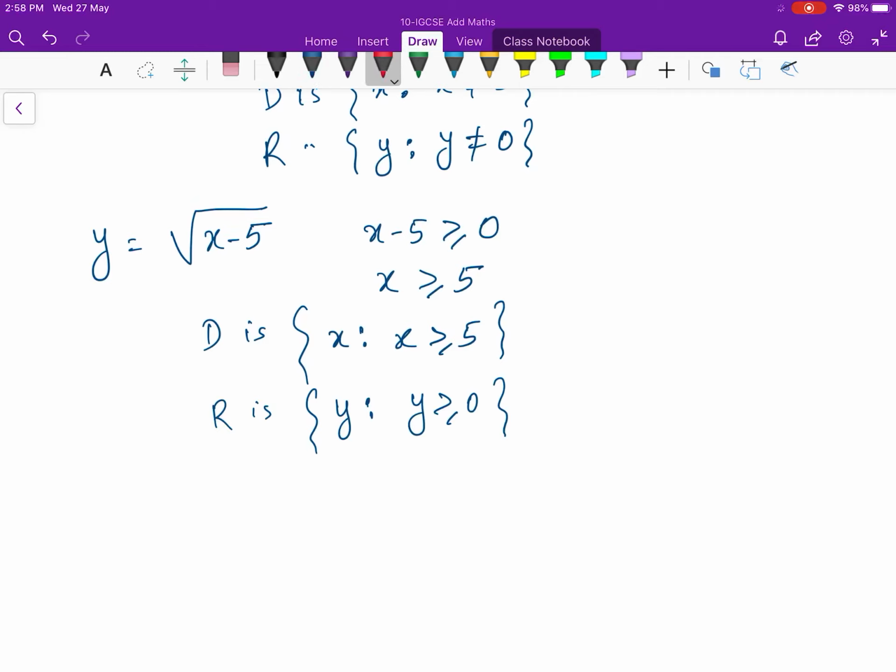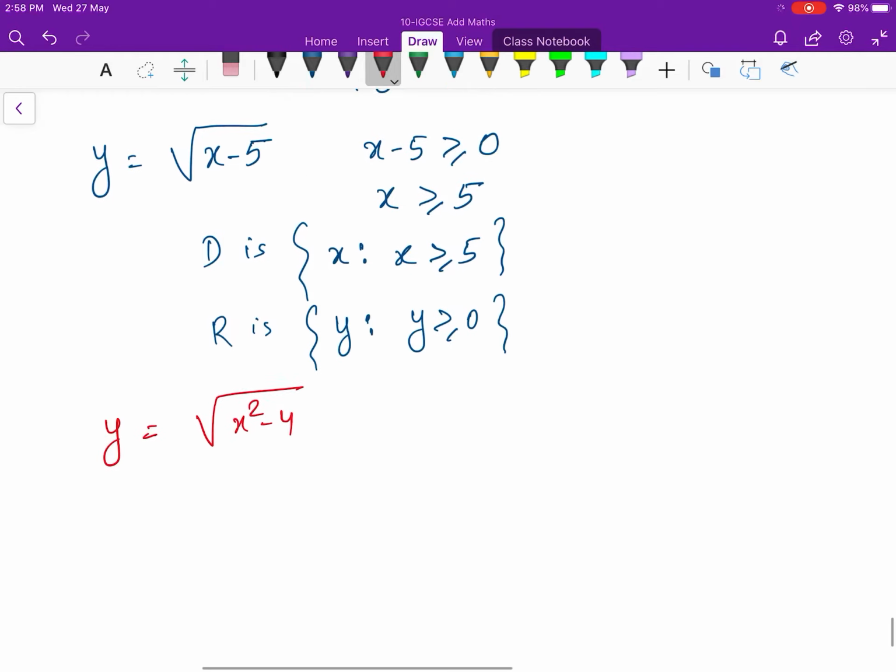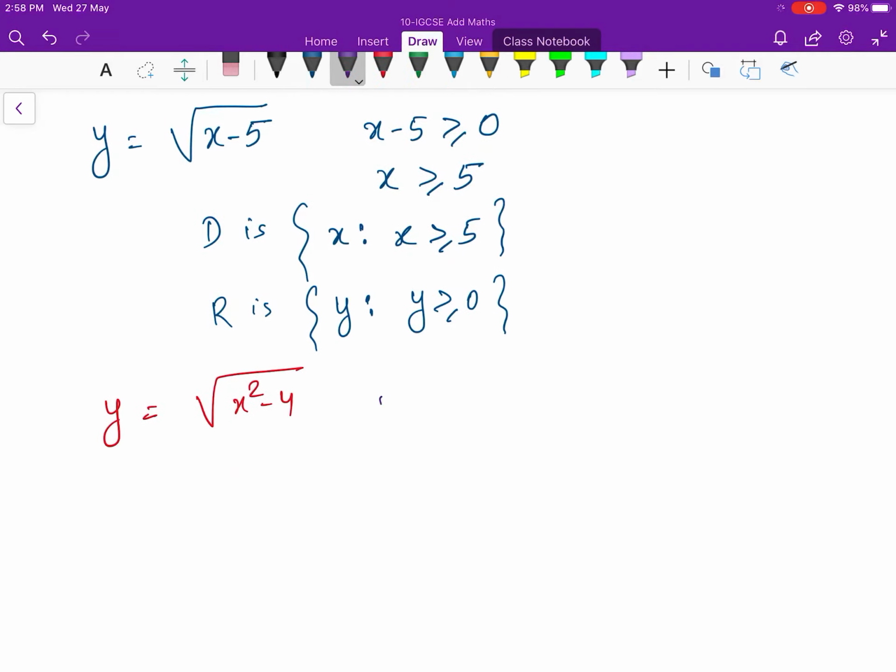Let's take a few more examples. Suppose you have y is equal to under root x square minus 4. Okay, so here x square minus 4 should be greater than or equal to 0. So x square should be greater than or equal to 4.